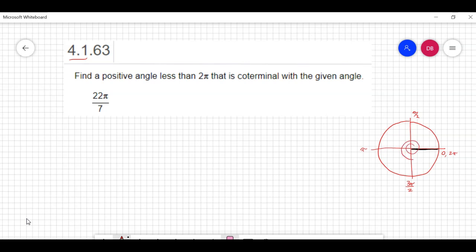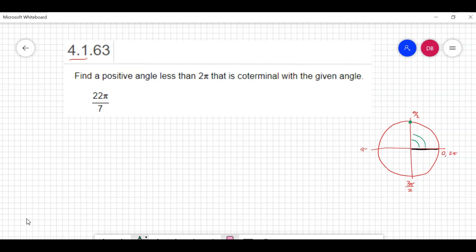We could just keep moving around this circle over and over again, and we would land at the same points. What I mean by that is this angle right here is pi over 2 radians.